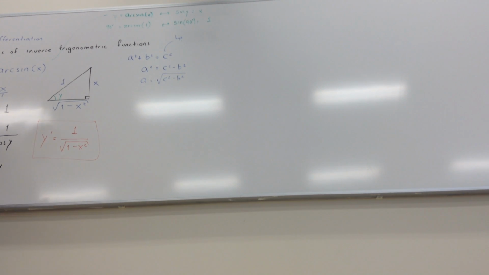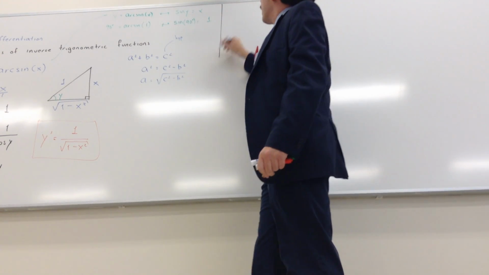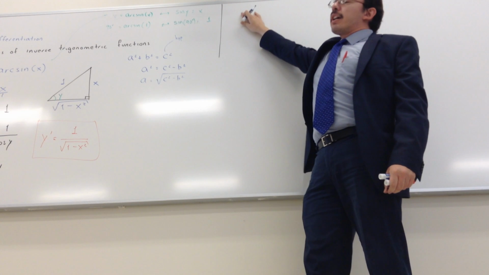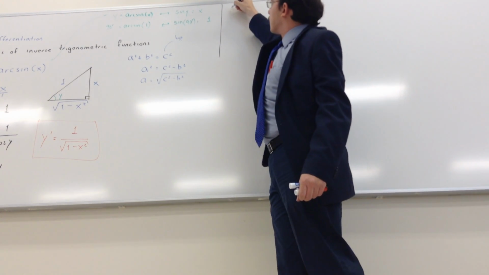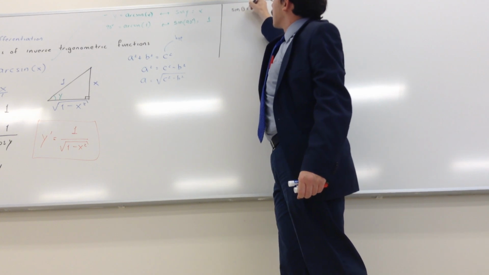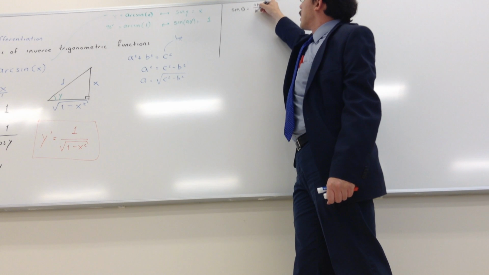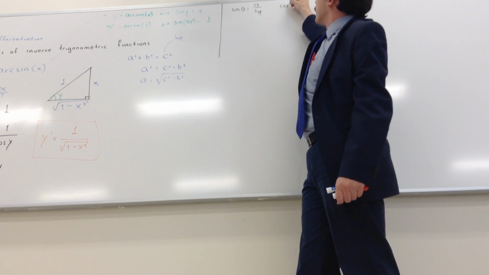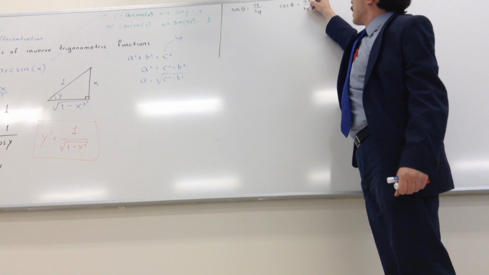Okay. Fine. Let's try to remember those things from trigonometry. Remember, sine of an angle. Sine of an angle is what? Opposite over hypotenuse. What's the cosine? Adjacent over hypotenuse.